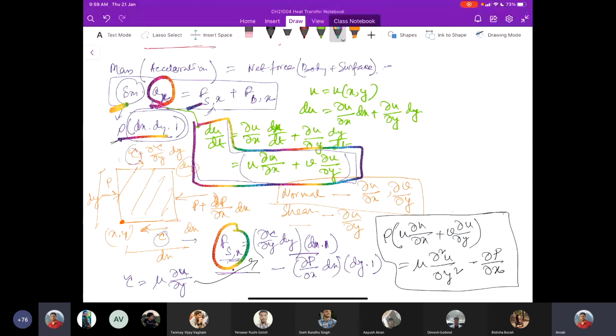We divide, after replacing everything, by delta x delta y on both sides, and what we have is an expression, and it is the conservation of momentum in x direction, or say the x momentum equation.